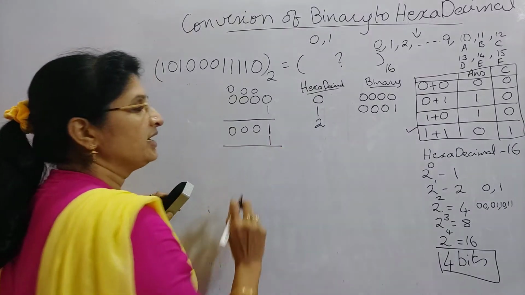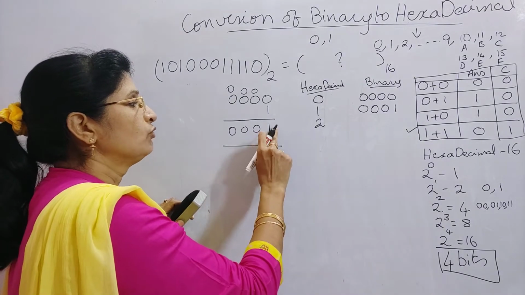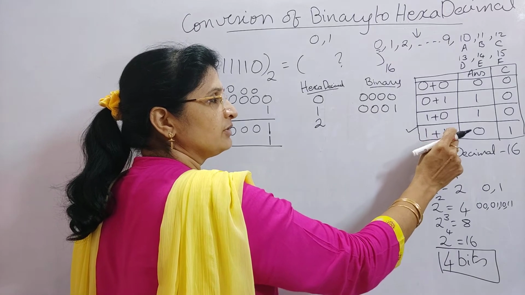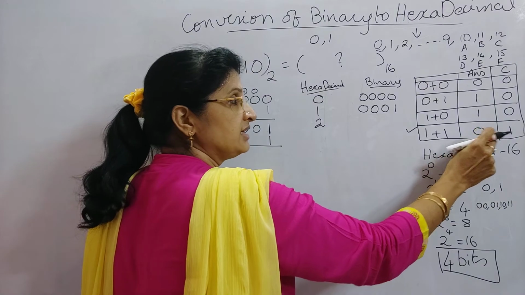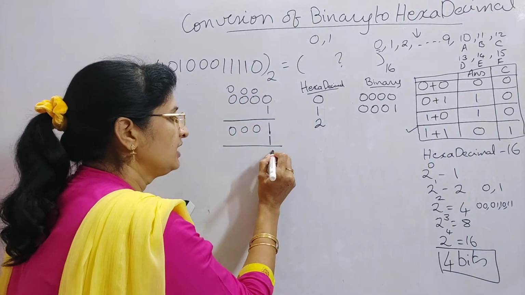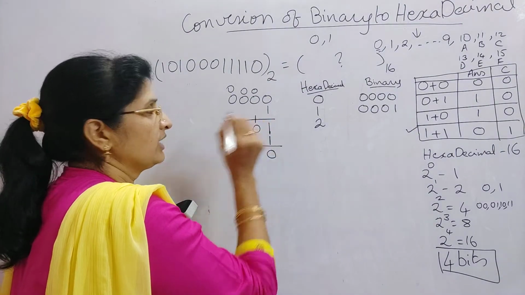So now I am adding 1 to the binary code of 1. 1 plus 1. If you are adding binary 1 with another 1, then what is the answer? The answer is 0, but the carry is 1. So that's why here you will get 0 and here you will get 1.